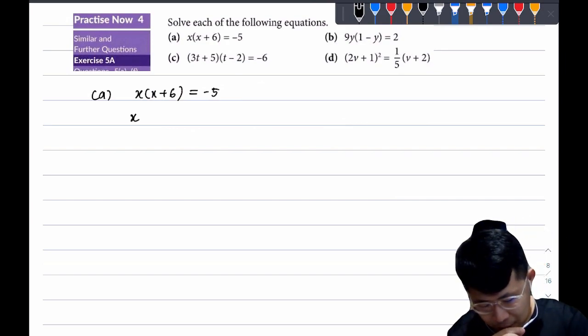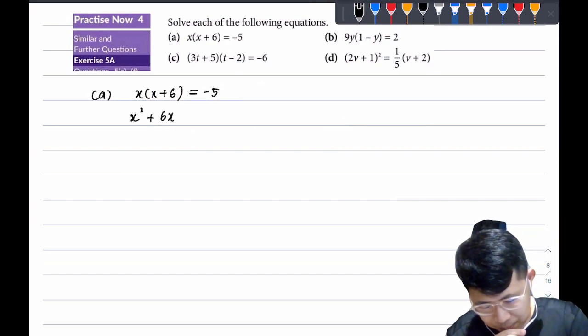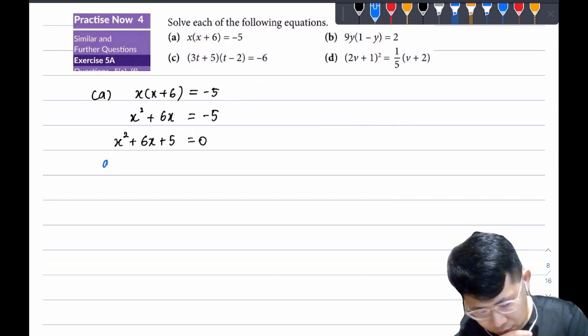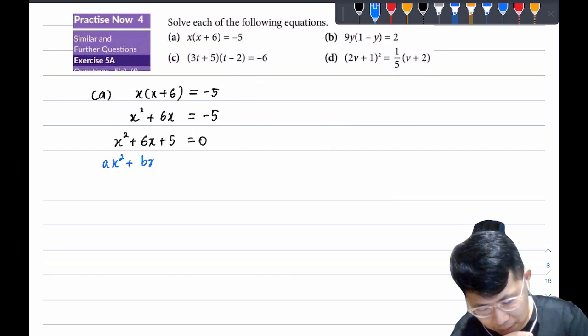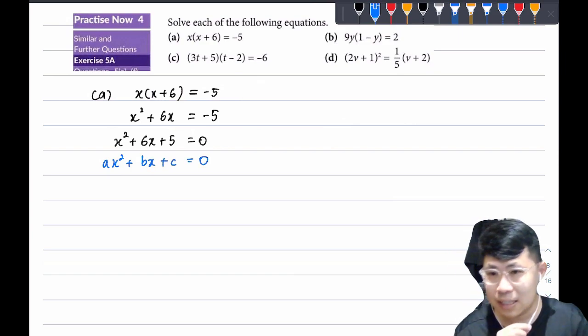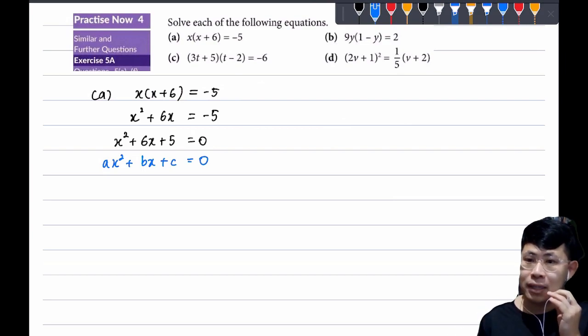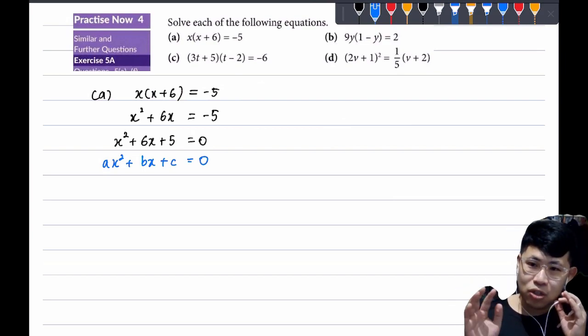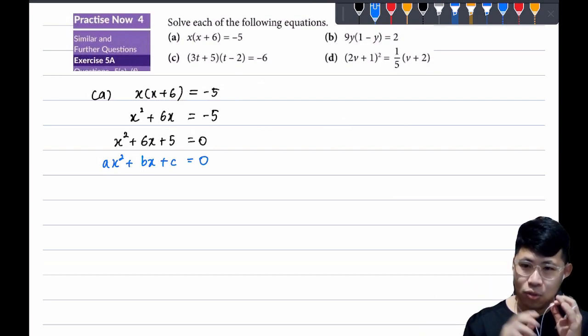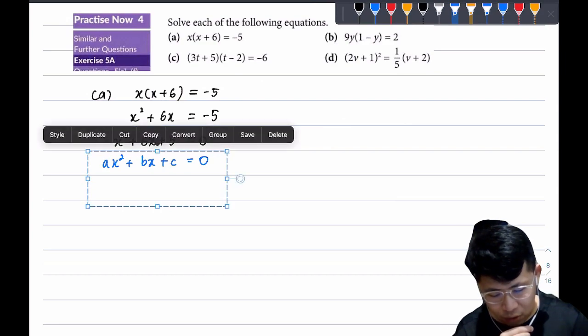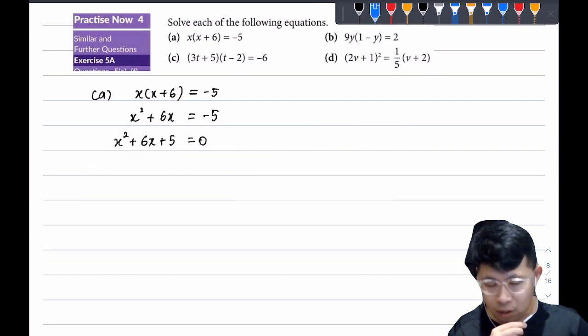We will need to expand this, equals negative 5, and rearrange until you get your equation in the form ax squared plus bx plus c, where a, b, and c are constants, or numbers. Make sure you arrange it in this form, and then you solve the equation from here.